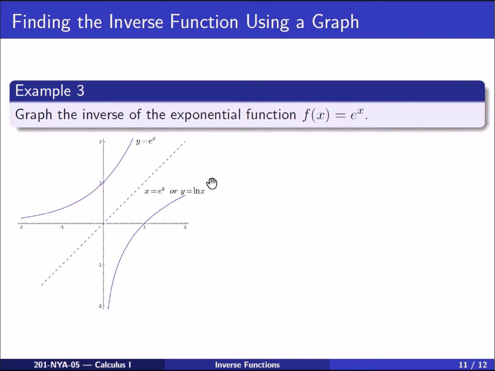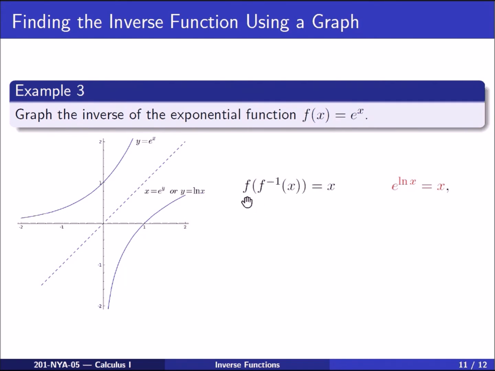Now, I can get relationships between e to the x and ln of x by taking the standard relationship that holds between a function and its inverse. For example, take this equation, f of f inverse of x equals x. Remember that this is true because f inverse undoes the work of f.